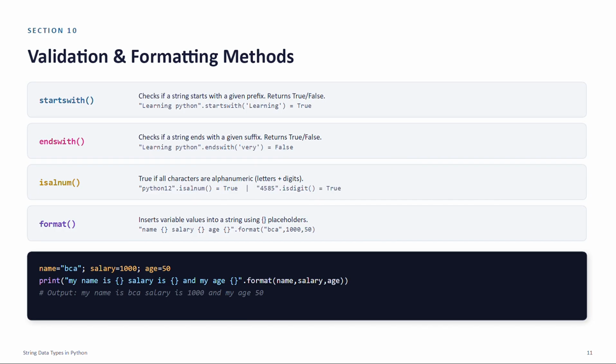While printing, I print my name is placeholder, salary is placeholder, age is placeholder, and dot format with name, salary and age. In the output it should be displayed as my name is BCA, salary is 1000 and my age is 50. Now the curly brackets work as placeholders for your format function. So yes, I hope you understand these things.